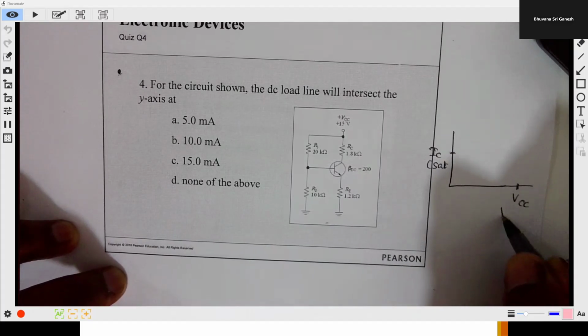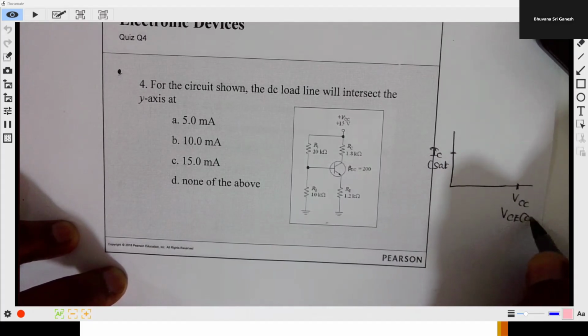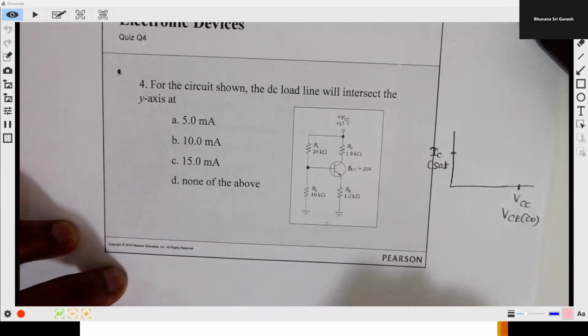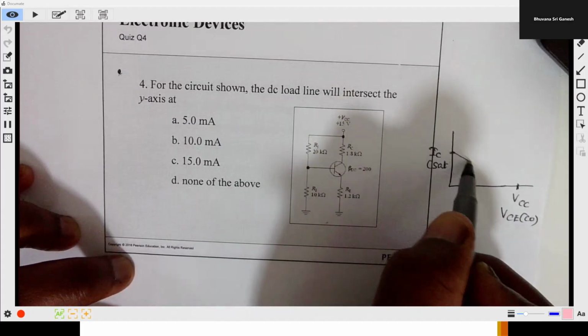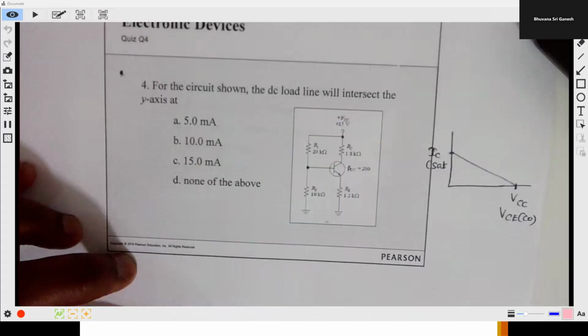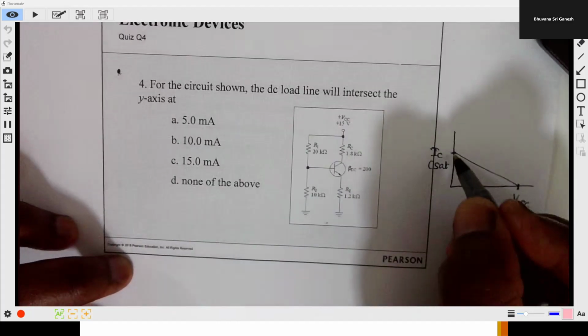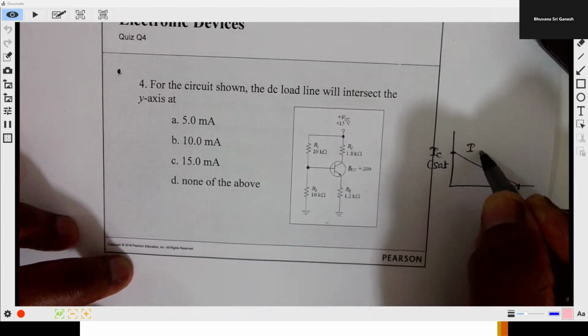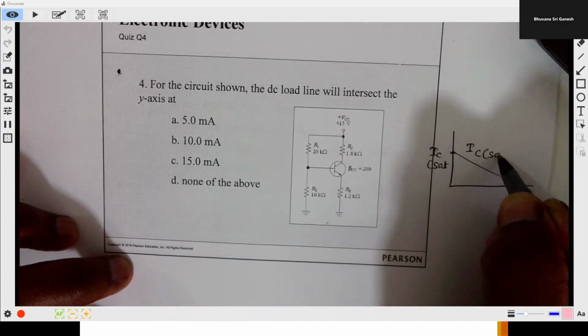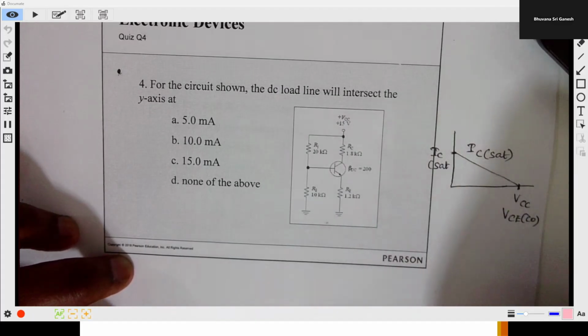These are the 2 points that join the DC load line. The question is asking you to calculate IC saturation.